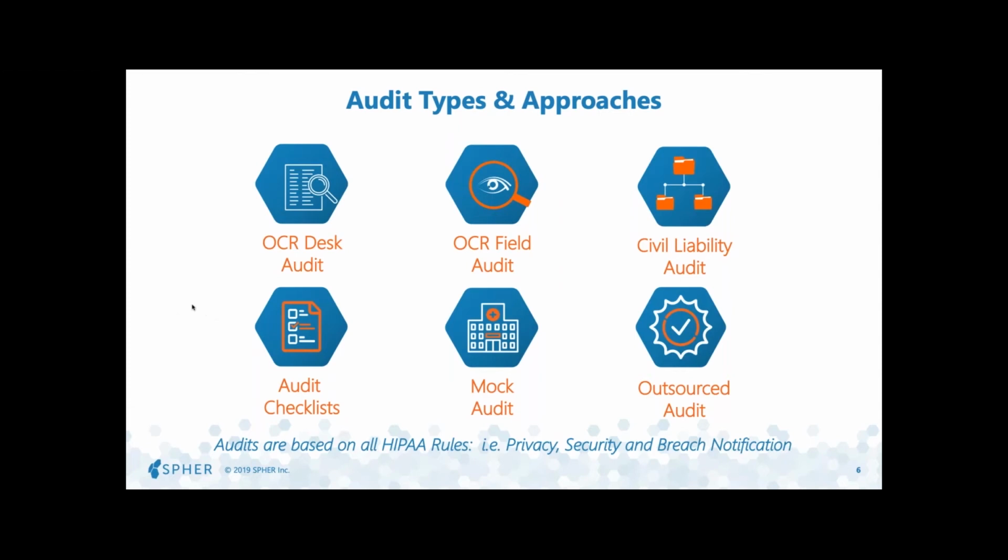The third area that I'd like to bring your attention to is civil liability audits. I'm going to talk about this as well. What we're seeing here in the United States now is a preponderance, and I think soon it'll be all 50 states, that are passing privacy laws. Here in California, where I'm based, we have the California Consumer Protection Act.